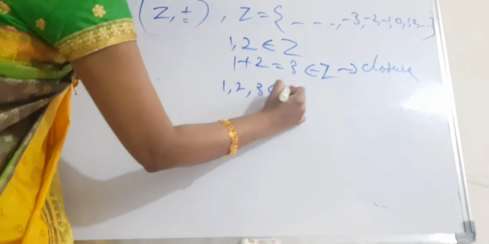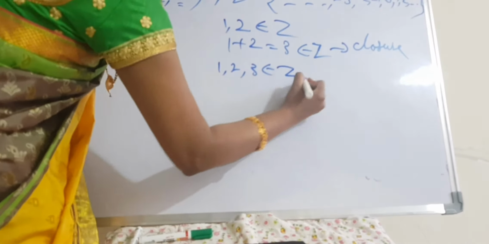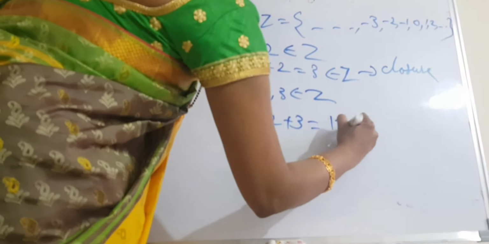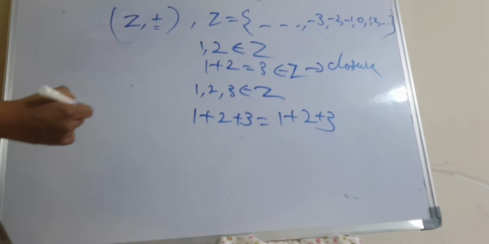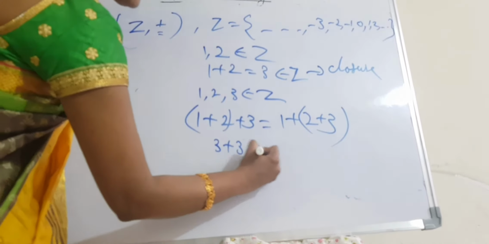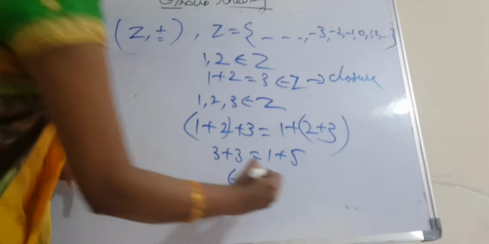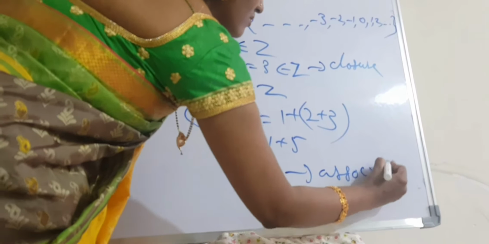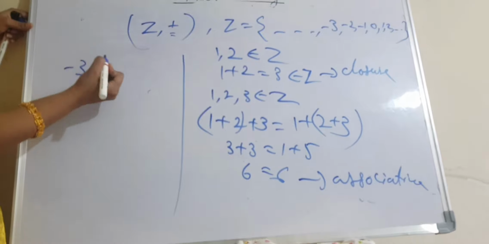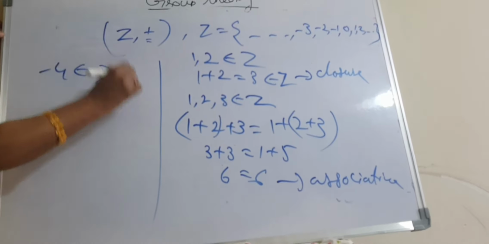Now we will see associative. 1, 2, 3 belong to Z. 1 plus 2 plus 3 is equal to 1 plus 2 plus 3: 3 plus 3 is 6, and 1 plus 5 is 6, so 6 is equal to 6. It satisfies the associative property. Next, suppose minus 4 belongs to integers.